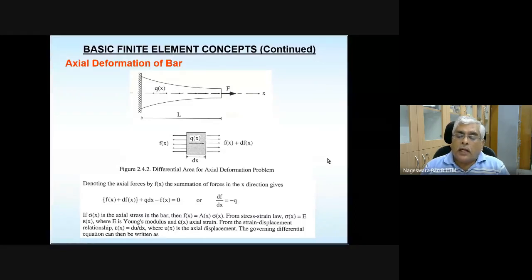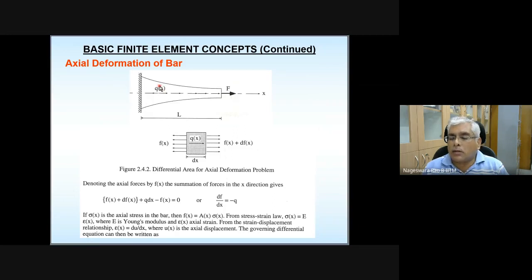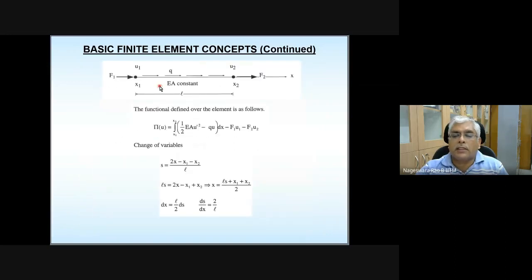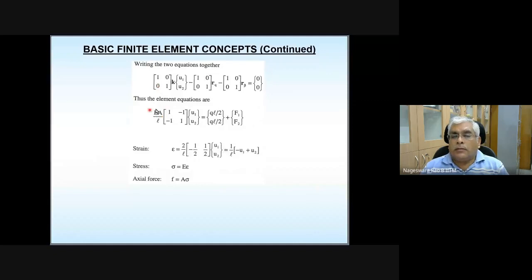And finally, the equation system that we developed is valid for a special case where Young's modulus and cross-sectional area are constant, and also the distributed load is not a function of x, it's also constant. Under those conditions, this is the equation system. These are the element equations for the case where E and A are constants, Q is constant.